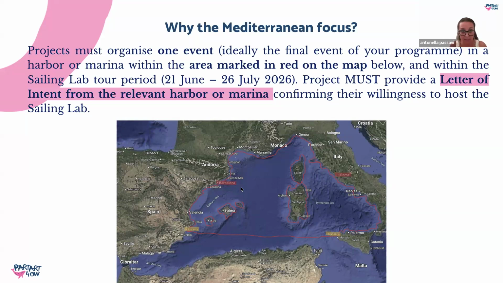So in your budget you have to consider the cost of the event. If you win, you are one of the 7, but you are not the one visited by the Sailing Lab, we will revisit together the related costs and the related agenda.